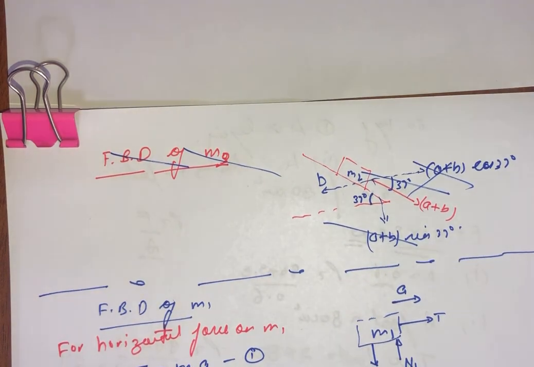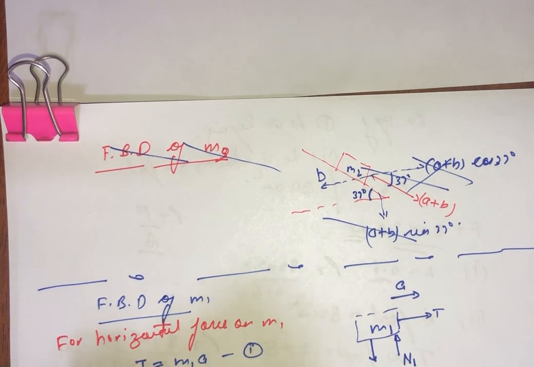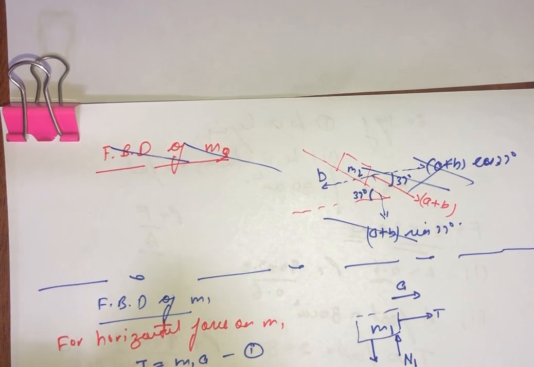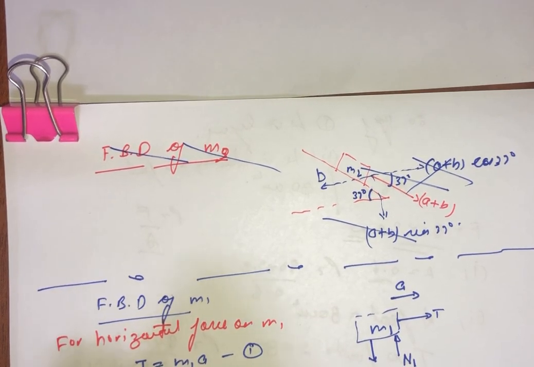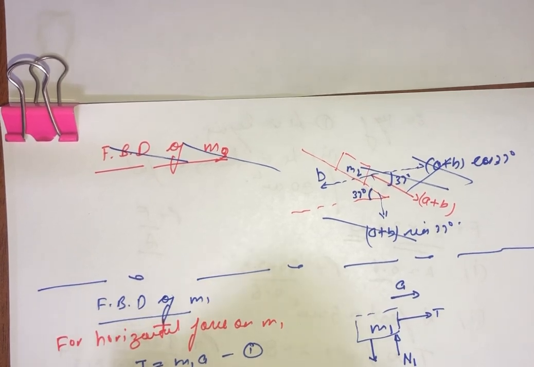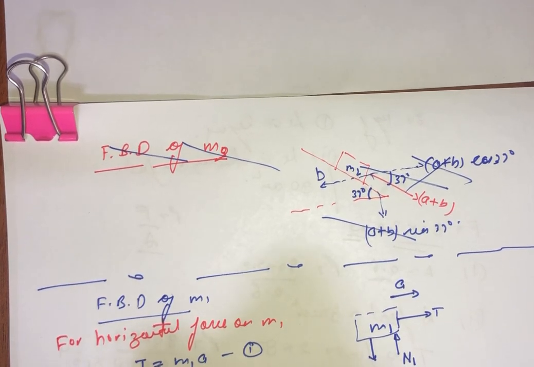Next, we draw the free body diagram of the wedge, which has a mass M3.